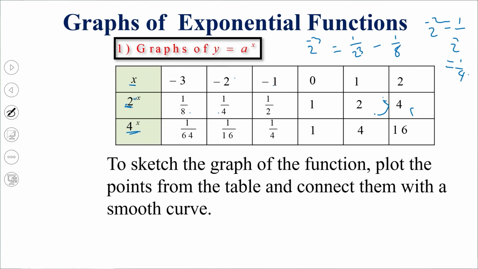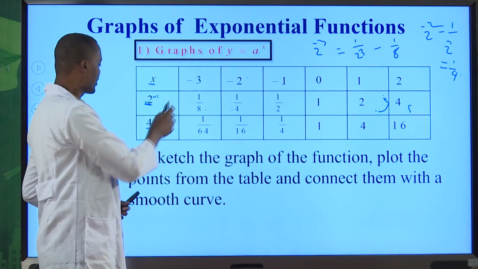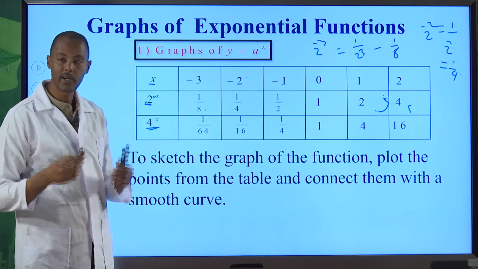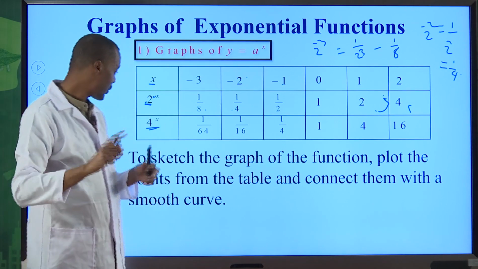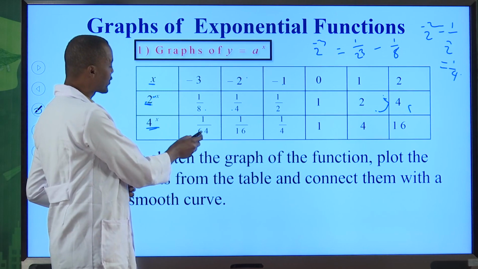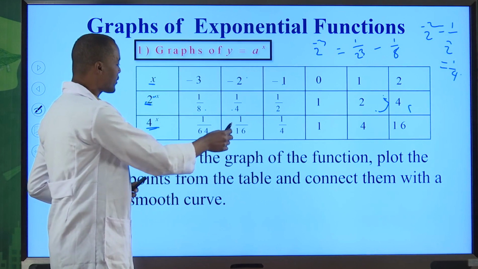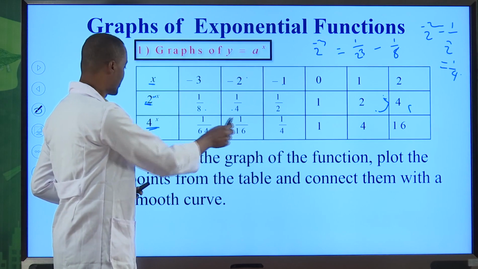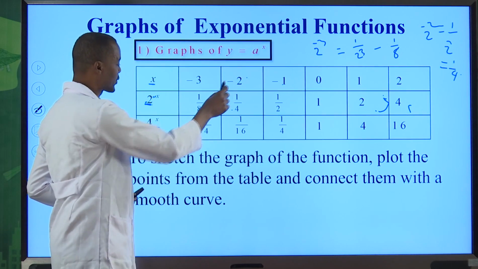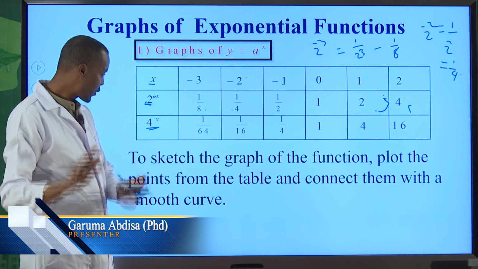And by doing the same thing for the other exponential function, 4 to the power x, if I substitute minus 3, it becomes 4 to the power of minus 3, or 1 over 4 to the power of 3. And 4 to the power of 3 is 64. So it is 1 over 64. In a similar way, this one is 4 to the power of minus 2. That is 1 over 4 squared.